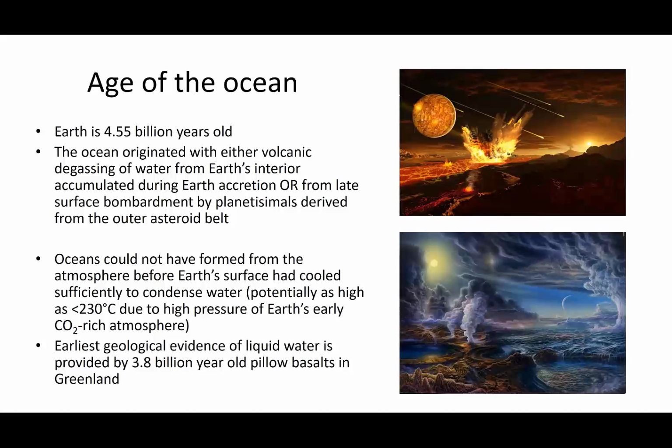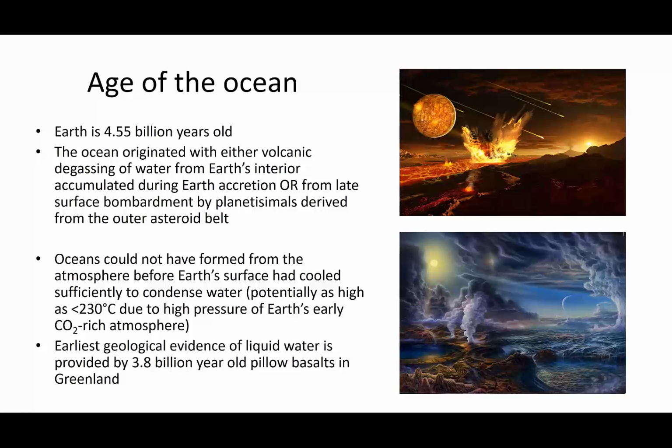We do know the Earth is 4.55 billion years old, and we also know that the water in the oceans originated from either volcanic degassing of water from the deep interior of the Earth, that water having accumulated there from all of the dust and material that had accumulated into the Earth during its accretion, or alternatively, it was brought in by late surface bombardment of the Earth by planetesimals that had derived from the outer asteroid belt. And we know that has to be the origin of the water due to the isotopic composition of the water.